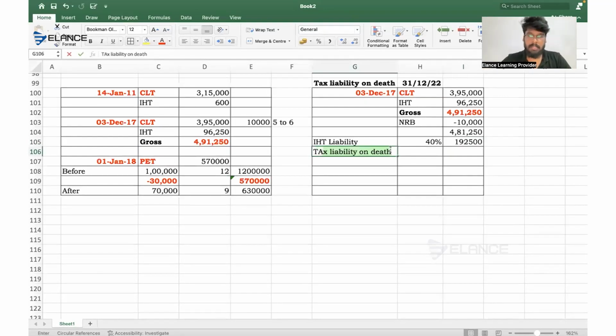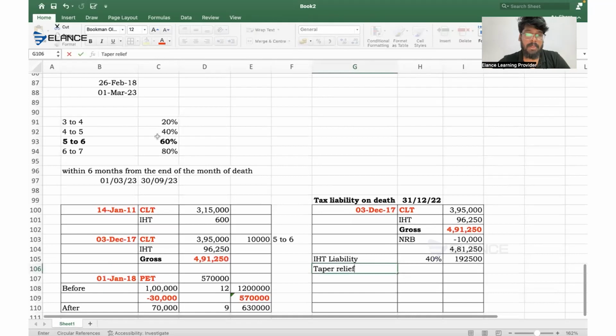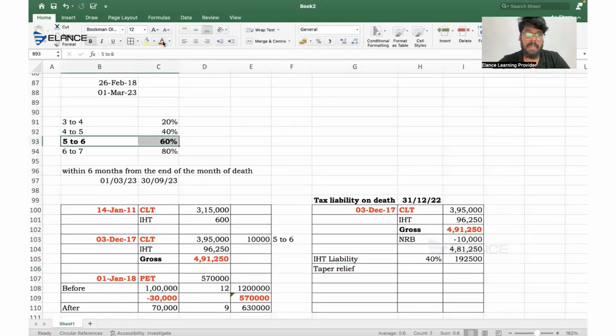The first one is taper relief, because he was alive for between 5 and 6 years after making the transfer. If he is alive for 5 to 6 years, he gets 60% taper relief, as we already discussed earlier.